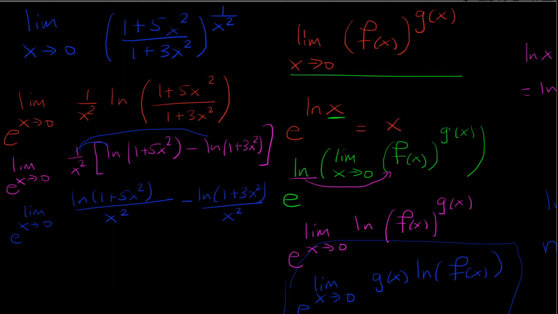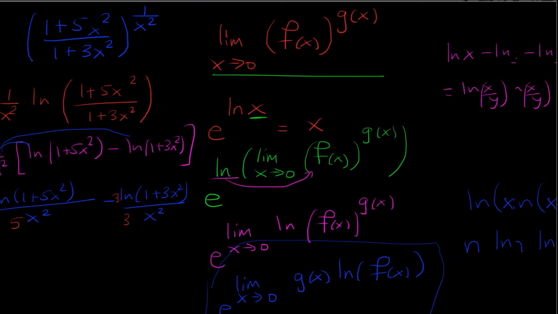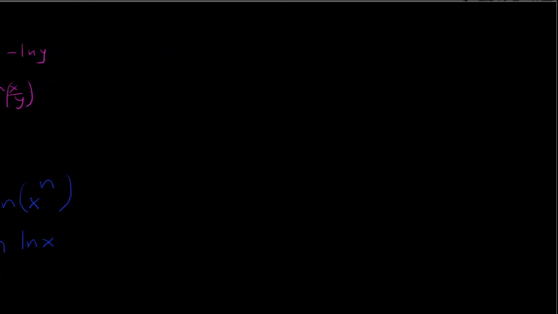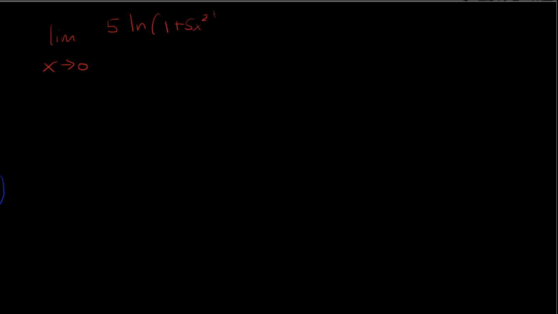The next step, I'm going to multiply the top and the bottom by 5. Because essentially there, I'm just multiplying by 1. And so I want to take the limit of each one of these. So here, I'm going to do this on the side. So I'm just going to look at only the exponent. Okay, so for one of them, it was the limit as x approaches 0 of 5 times natural log of 1 plus 5x squared divided by 5x squared.